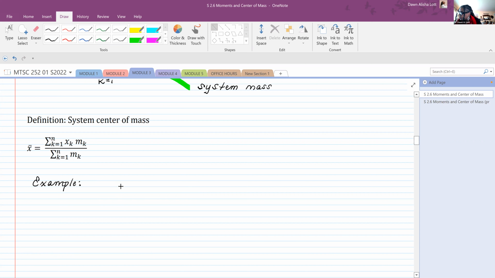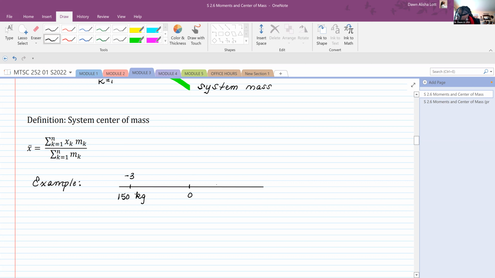Let's suppose we have something like this. Here is 0. I have a mass M1, which is 150 kilograms, and it is located at -3.